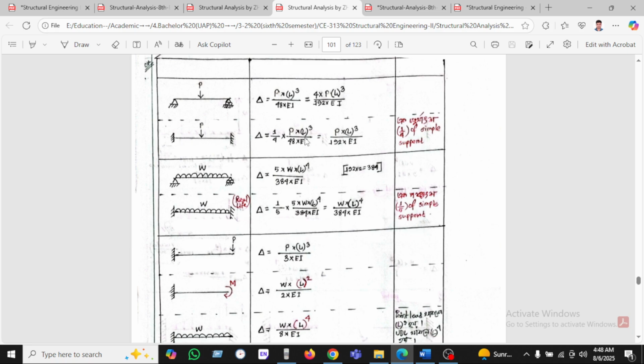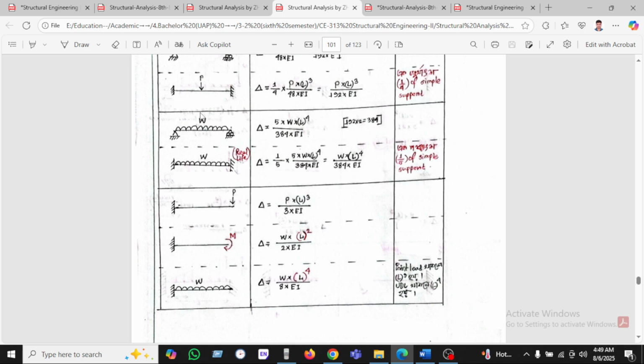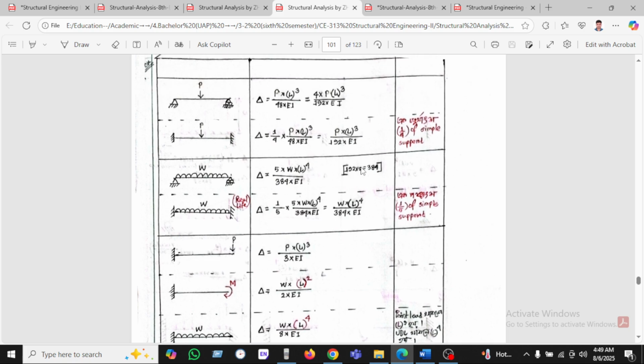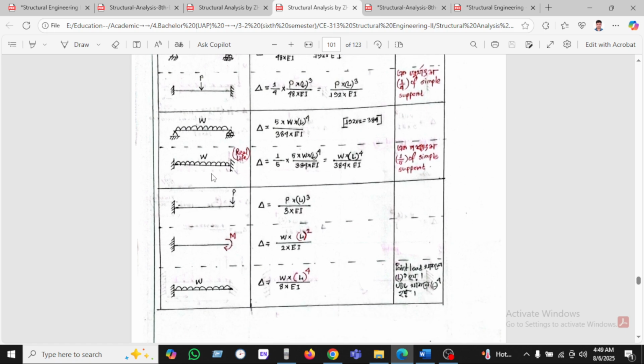But when the support is fixed, it will be 1/4 of PL cubed by 48EI, which is 1/4 of the simple support, or PL cubed by 192EI. For a simply supported beam with UDL load, it is 5WL to the power 4 by 384EI. Here 384 means 192 into 2. But when the support is fixed, it will be 1/5 of this, which is WL to the power 4 by 384EI.